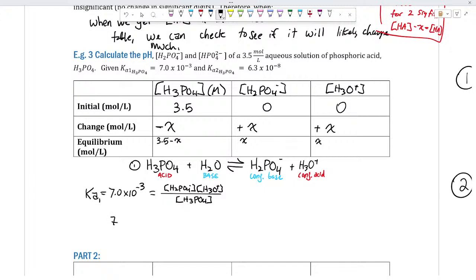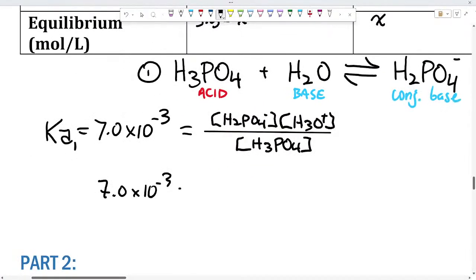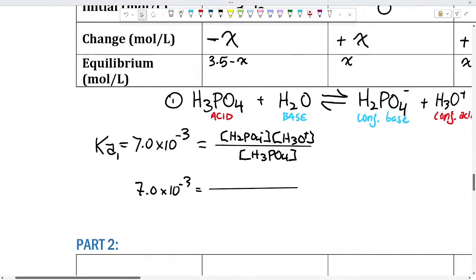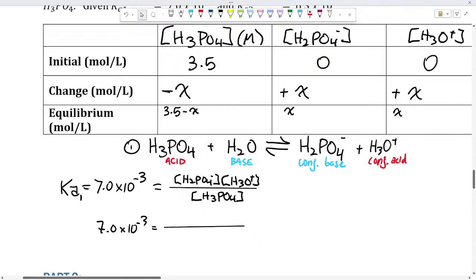And then we can say, okay, 7.0 times 10 to the negative 3, I'm going to zoom in, will equal, we can actually put numbers in here, or variables or whatever. At equilibrium, what will the concentration of H2PO4 be? X. What will the concentration of H3O plus be? X. What will the concentration of H3PO4 be? Well, it'll be 3.5 minus X.